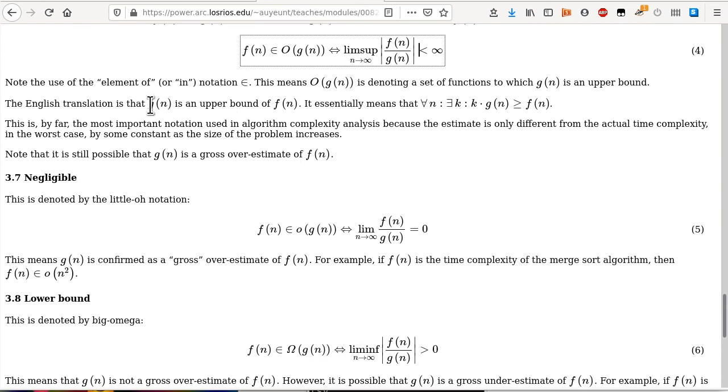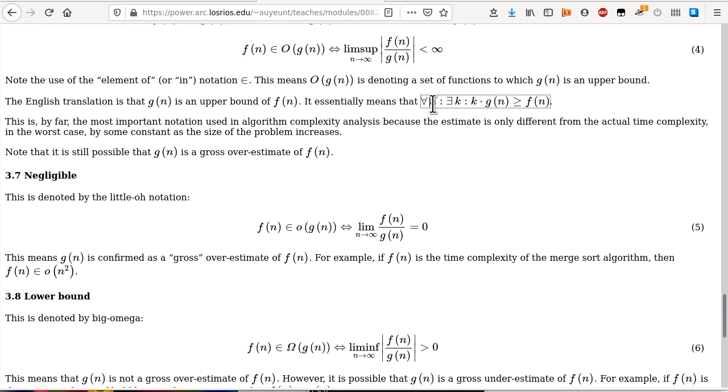So the English translation is that g of n is an upper bound of f of n. This can also mean that there exists a k such that if I multiply k to g of n, that product will be greater than or equal to f of n.